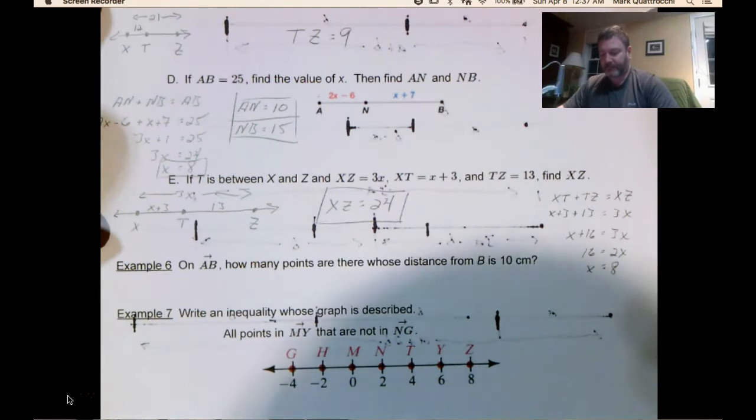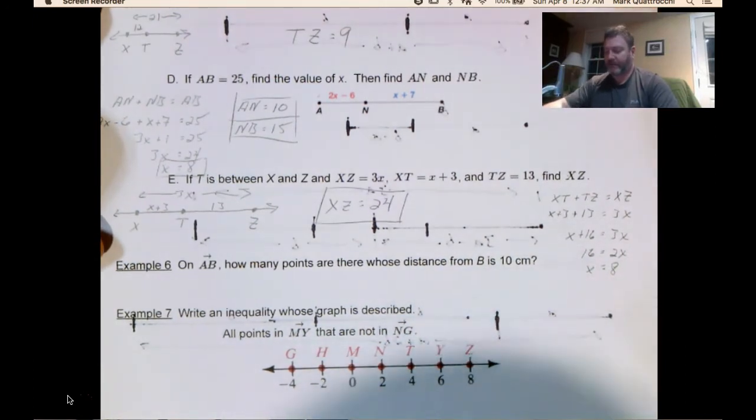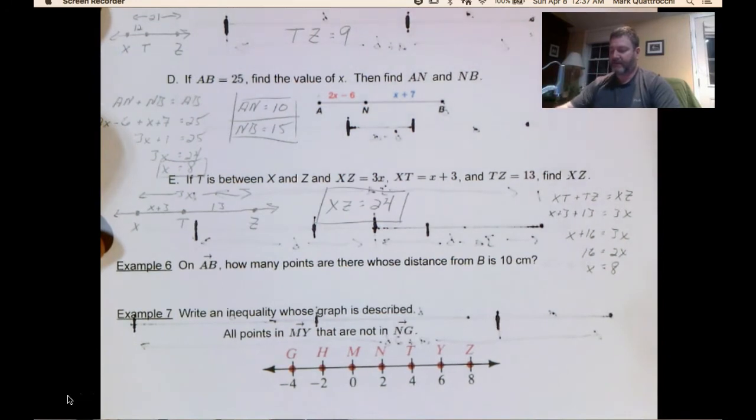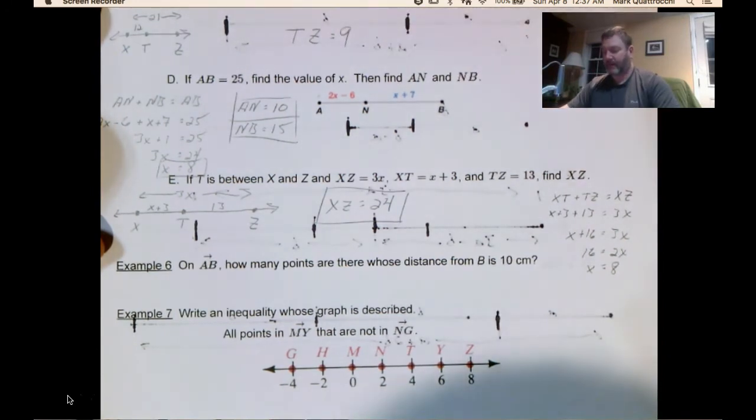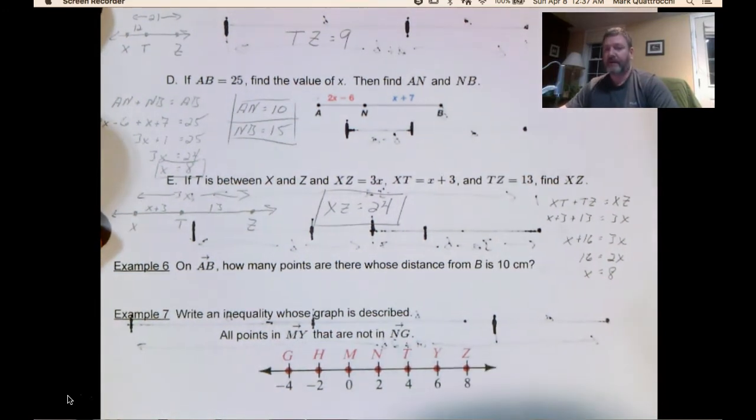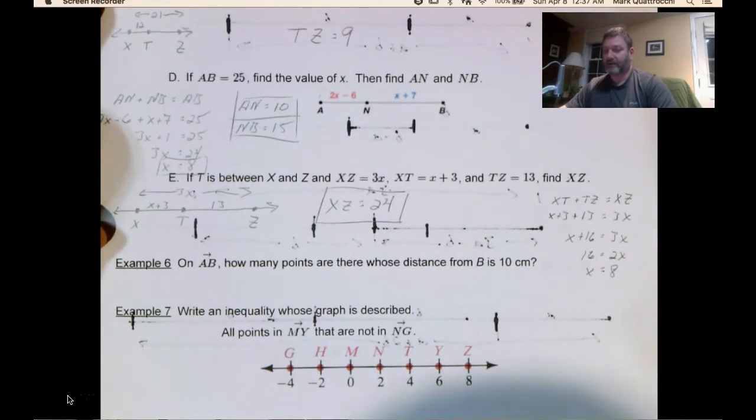Example 6. On ray AB, how many points are there whose distance from B is 10 centimeters? This is a little tricky question because there isn't one answer. The answer varies. The answer depends.